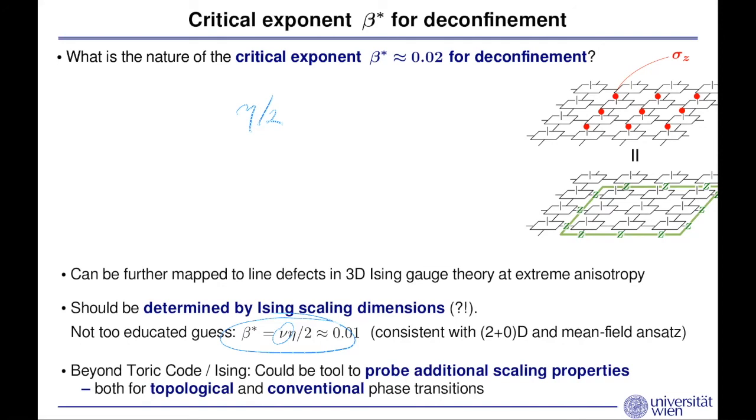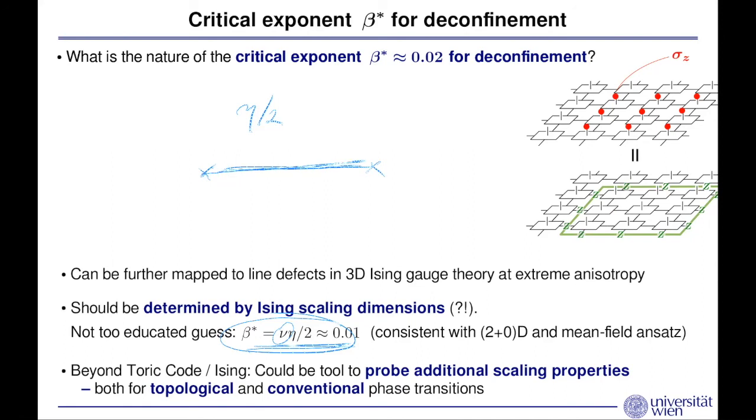Which is reasonable, right? Again, this guess is not particularly educated, but it's not randomly made up, right? What you want to know is, if you have a cut along which you put the symmetry twist in the Ising model, how does a correlation function decay at the critical point?